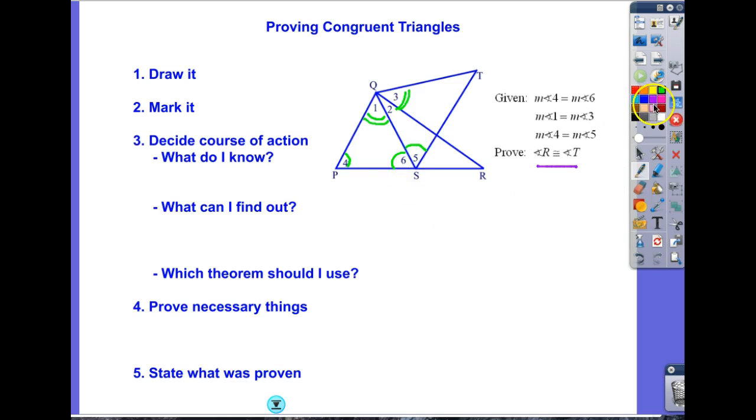Okay, now it says prove that angle R is congruent to angle T. So in order to do that, if you take a look at it, you'll see that we're going to have to prove that this triangle here, PQR, is congruent to this triangle here, QST.